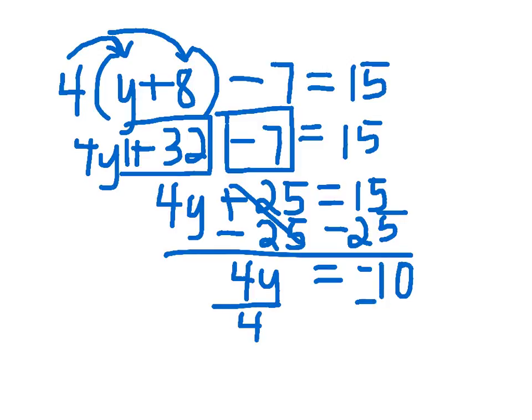I'm going to divide both sides by 4, and when I get to this step, there are sometimes when 7th graders say, wait, it's not coming out to be a whole number, and they think that it can't work. But now that we're in 8th grade, we're going to work harder to simplify our answers and understand that negative 10 divided by 4 is a number.